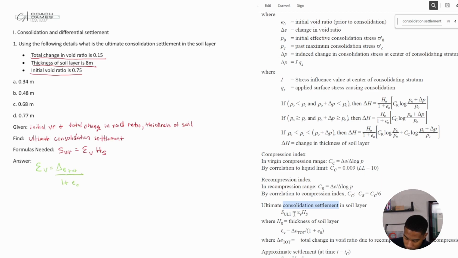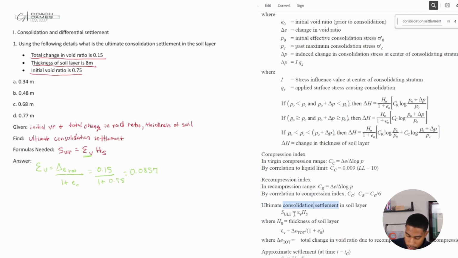So what's the change in e total? The total change in void ratio is 0.15. I'll do 0.15 divided by 1 plus e0, which is 0.75. And for that, I get my EV is equal to 0.0857. Okay, cool. So we got this value.